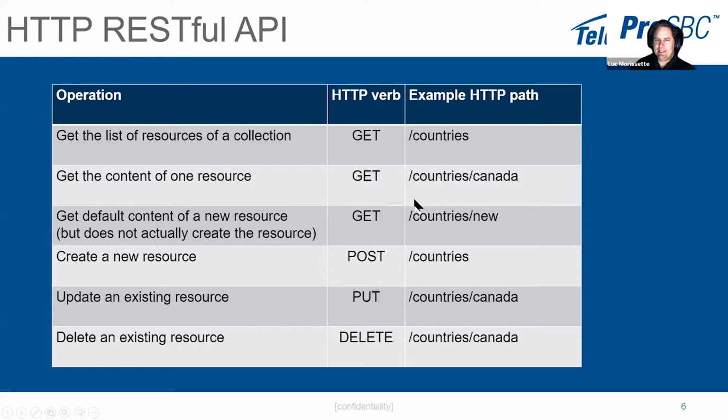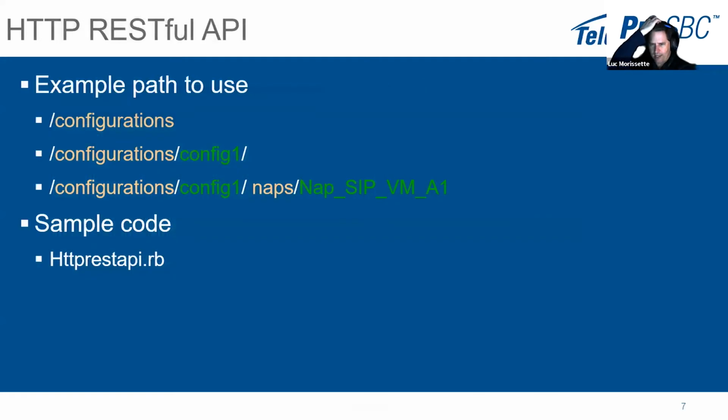You can see here, countries new will show you how is the configuration of one of these resources under this collection. Post will create a new resource. Put will update a new resource. And you have delete of a resource. All right, so these are the only commands you can do. But with this, you can access anything.